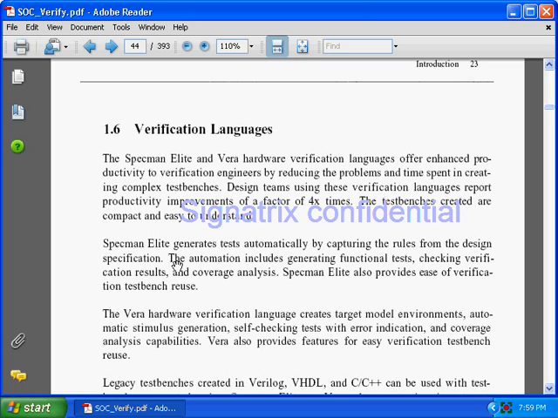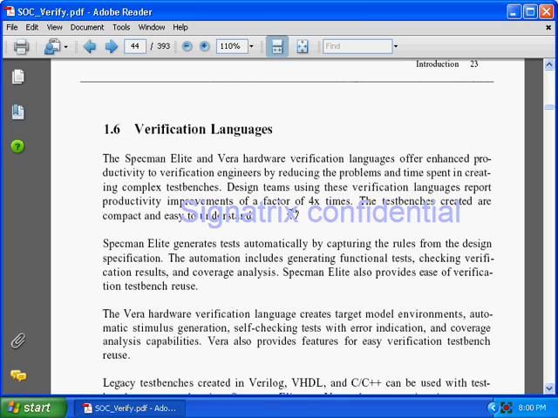Okay, so what they are trying to say is it will take less time to create a verification environment with the help of Vera and Specman Elite. Even you can implement very complex test benches with the help of these languages. Design teams using these verification languages report productivity improvement by a factor of 4 times.